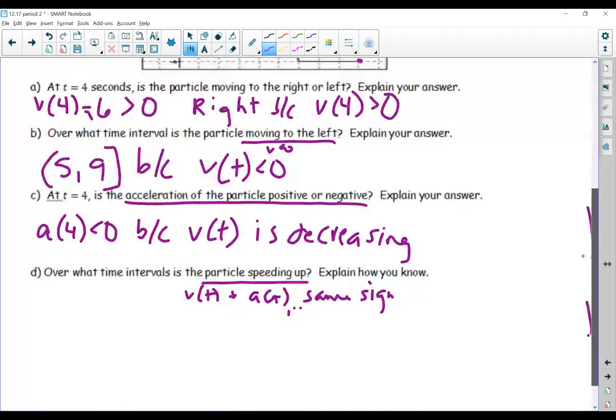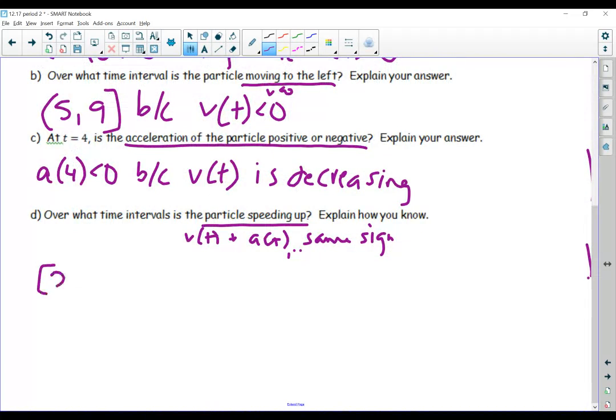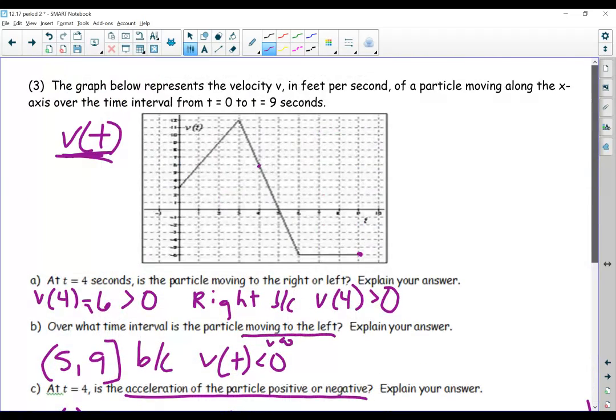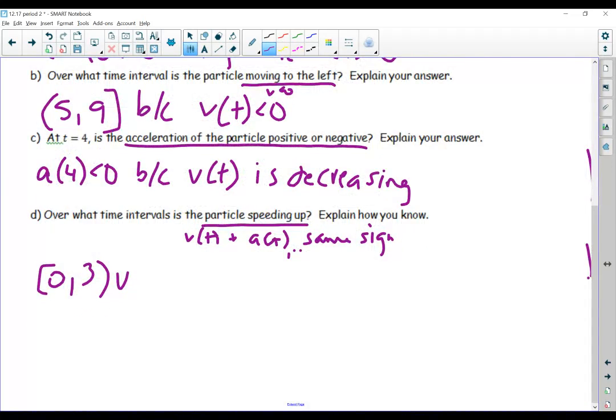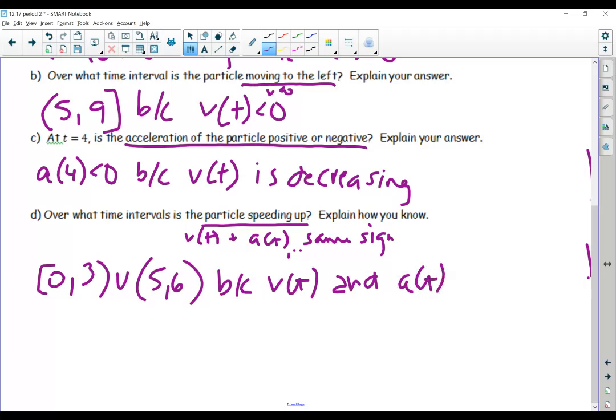I'm going to say 0 to 3 and 5 to 6. And that's because v of t and a of t have the same sign.